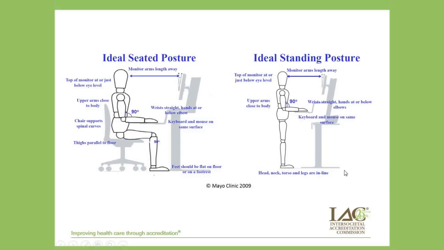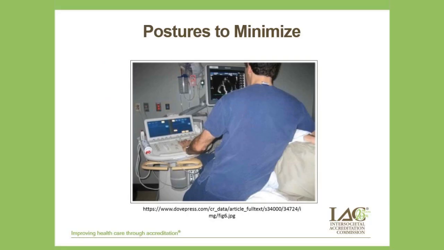If you prefer to stand while you're scanning, a lot of the same things are in play. But the key thing is that your head, neck, torso, and legs are in line. So you want to make sure that you aren't twisted, that you have got that bed set up so that you're as straight on to the patient as possible, and that you've got the monitor and the machine adjusted appropriately.